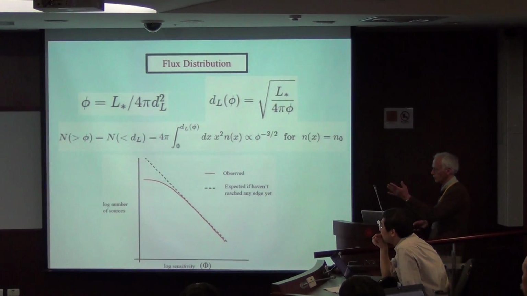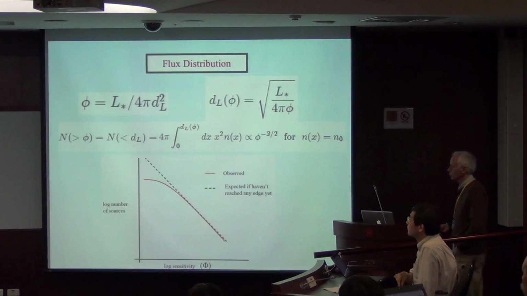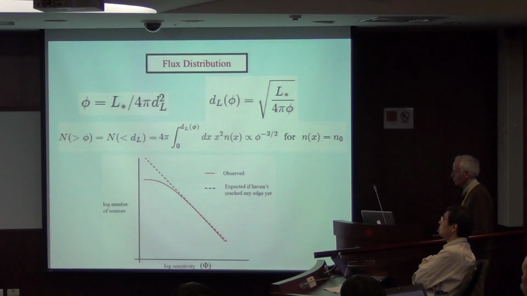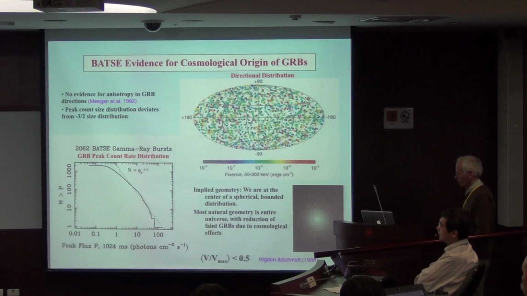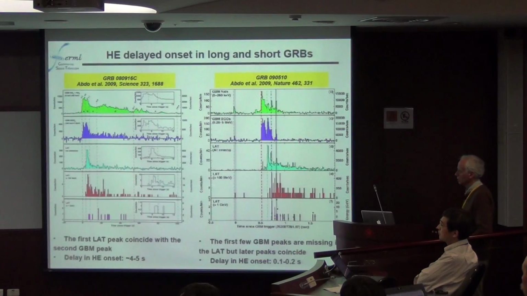Essentially, it's the fact that the redshift of the sources makes them fainter. So it looks like a cosmological distribution, as it should be. These more details I showed you yesterday.